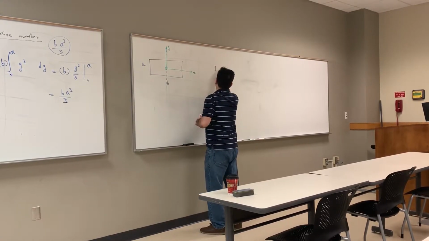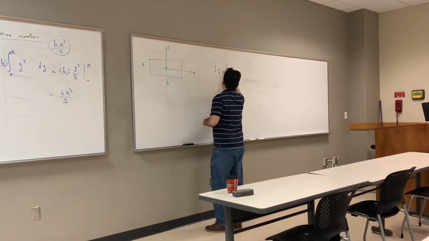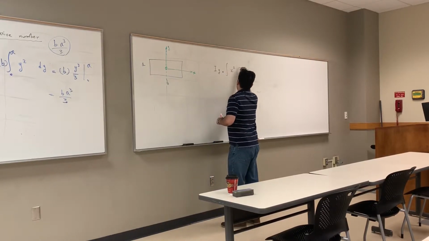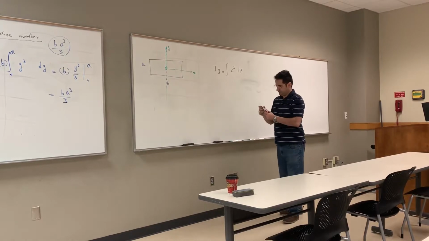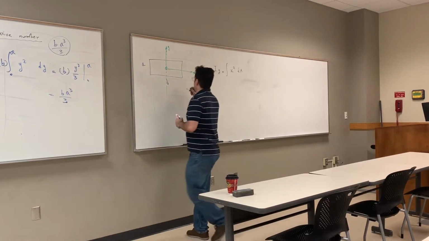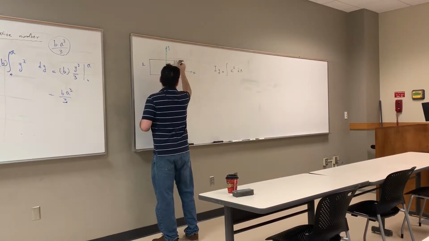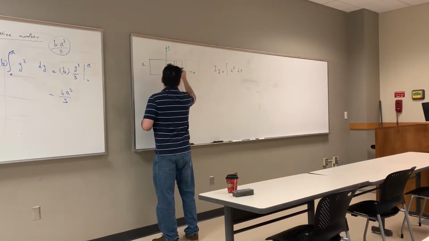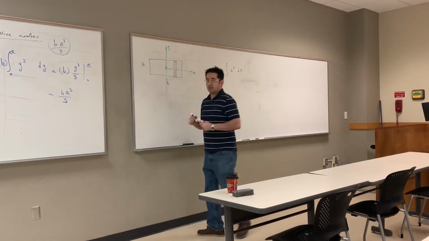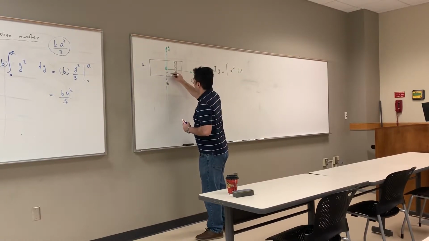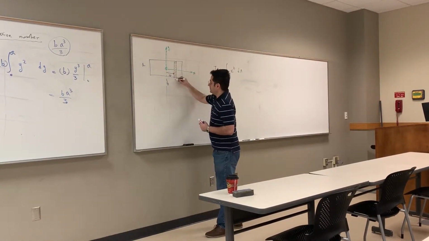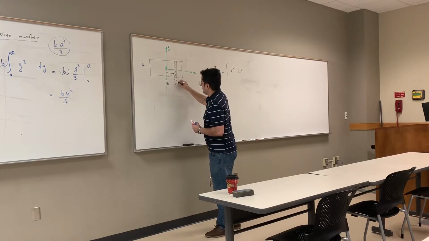So Iy is the integral of x squared dA. Again, let's take the elements like that. So that's your dA. This is going to be x, and this is going to be dx.